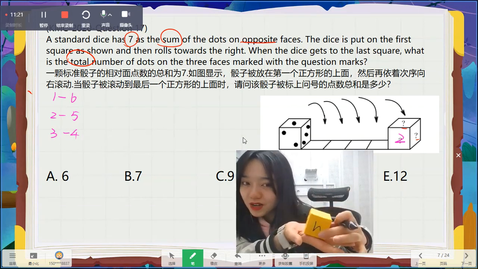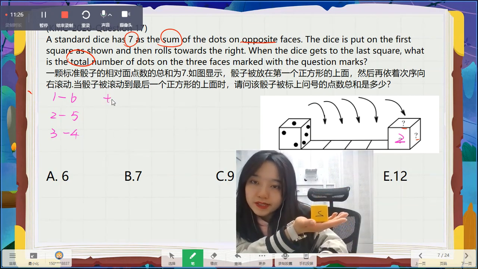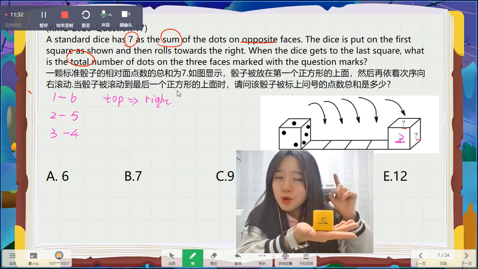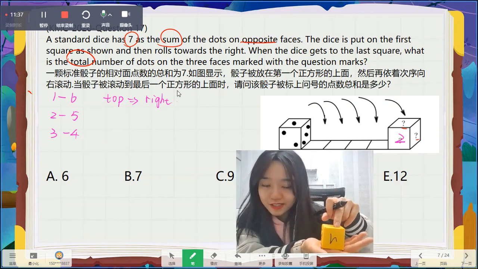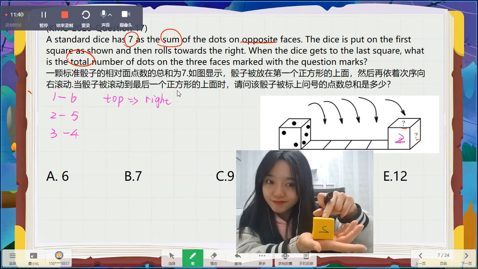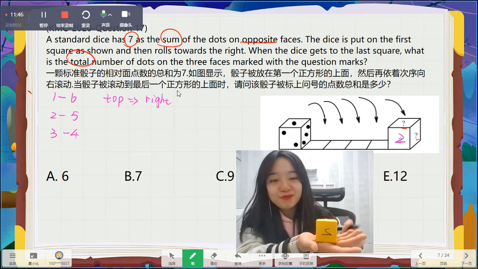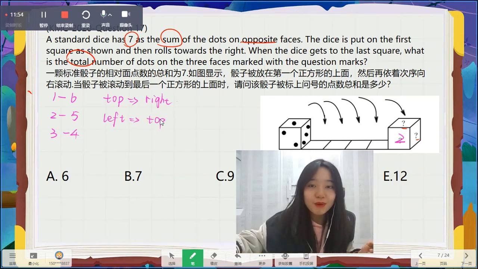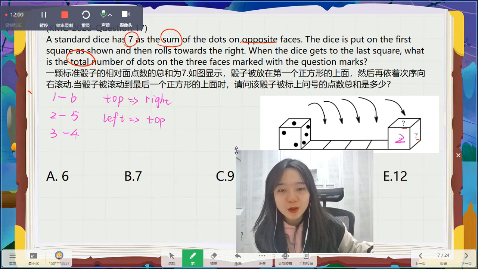After I rotate once, 1 is on the right. So top face will become right face. And which one will become top? Let's rotate it again. After I rotate once, this side will become our new top. That is our left side. Left will turn into the new top face. We just need to know the 2 rules to find the right face and the top face.